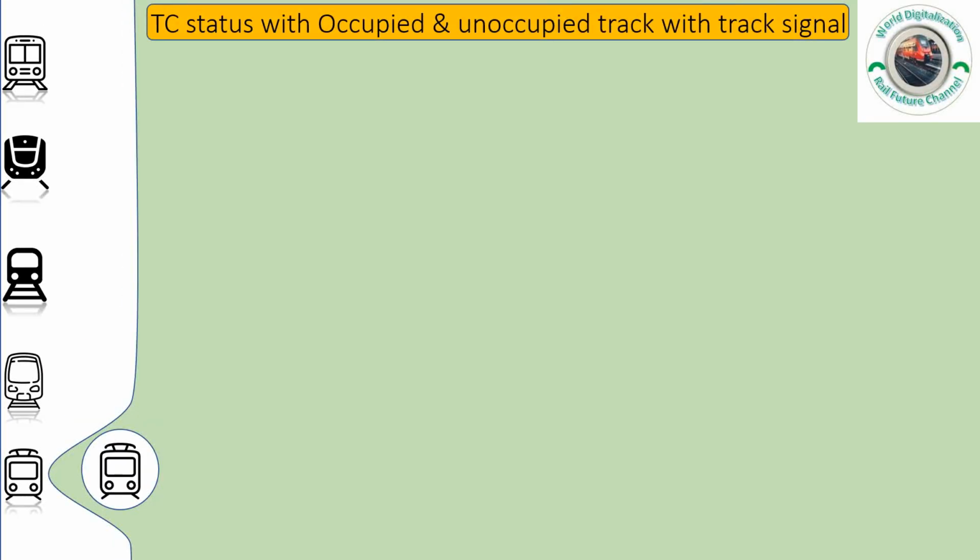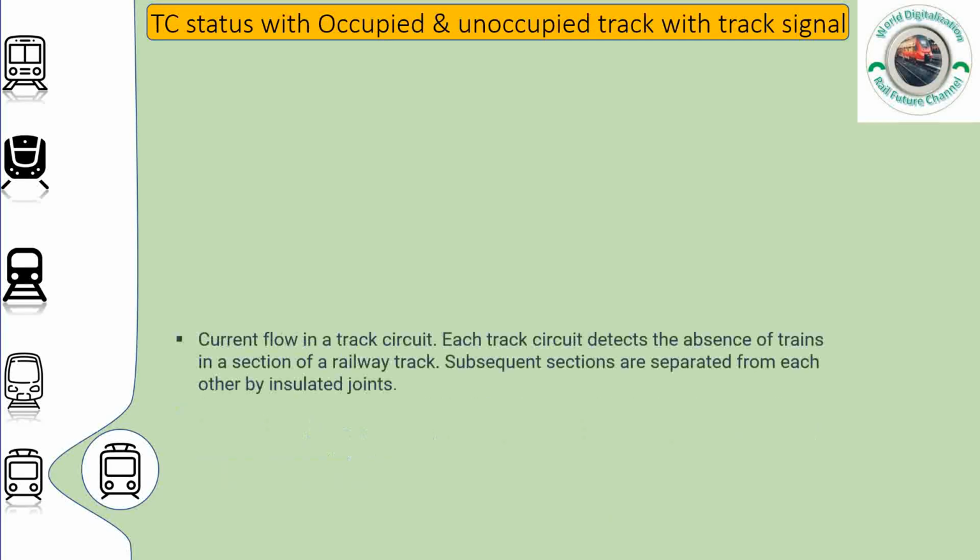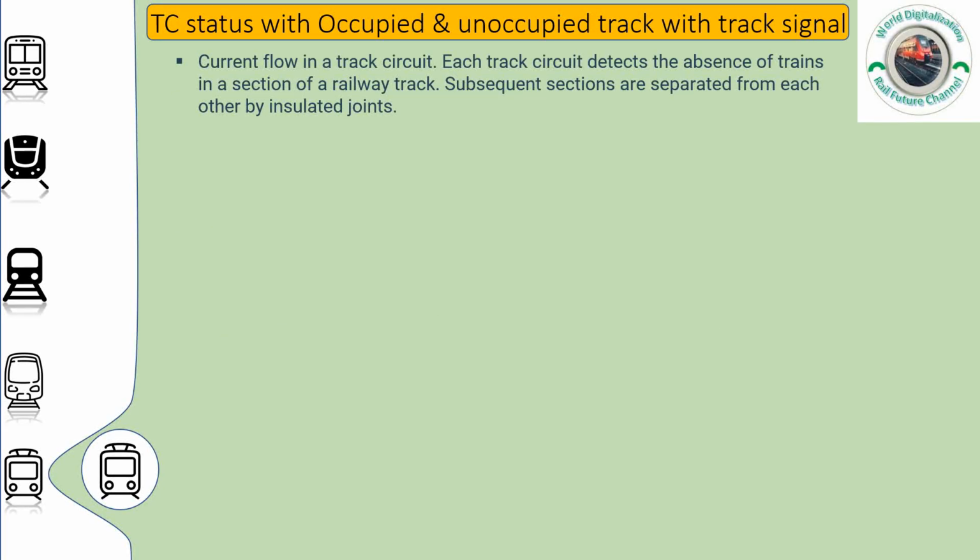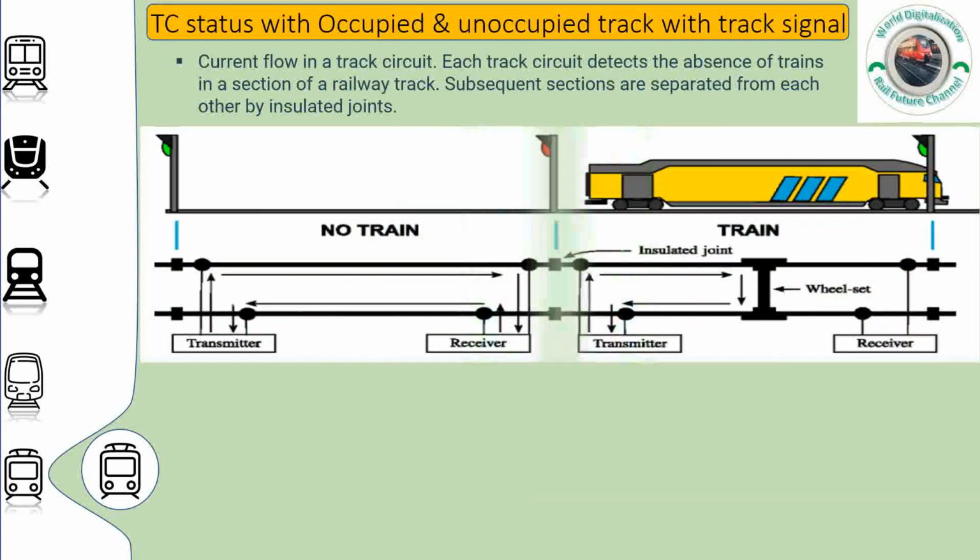DC status with occupied and unoccupied track with track signal. Current flow in a track circuit. Each track circuit detects the absence of trains in a section of a railway track. Subsequent sections are separated from each other by insulated joints. As illustrated here, we have two sections, and this is the third one.